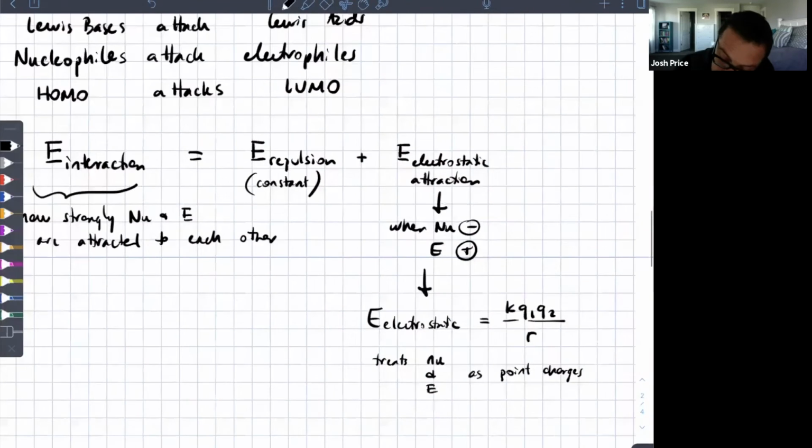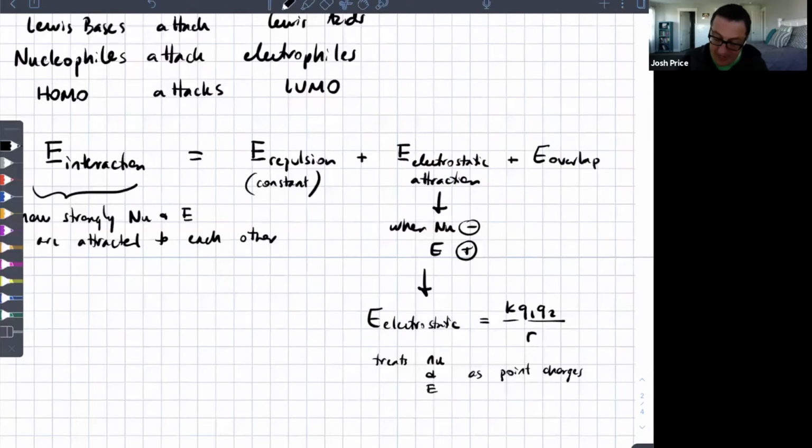Okay. Finally, there's a term which we're going to call overlap, which comes from overlap of orbitals on the nucleophile and the electrophile that allow electrons to be shared.